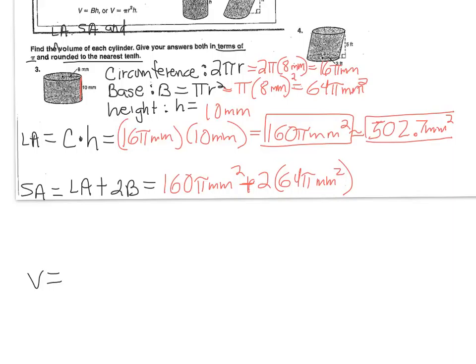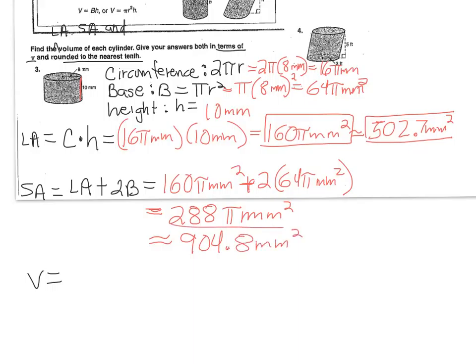What did you get? 288. This is pi, and this is square millimeters, okay? And approximately, now multiply that 288 times pi, and what is that to the tenths? 904.8, and this is square millimeters. So you have the exact and the approximate answer, okay?